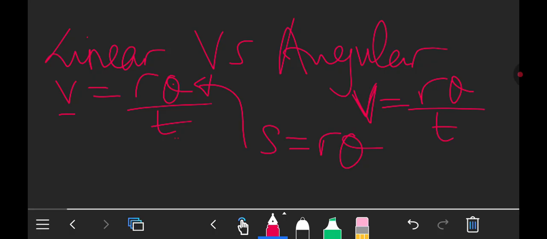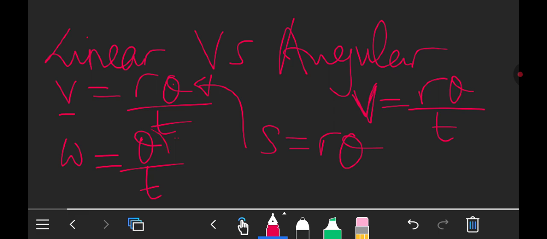So this is what I'm going to do here. So we have omega to show angular velocity. So angular velocity is given by the angular displacement, right? Angular displacement, which we are calling theta, over time.